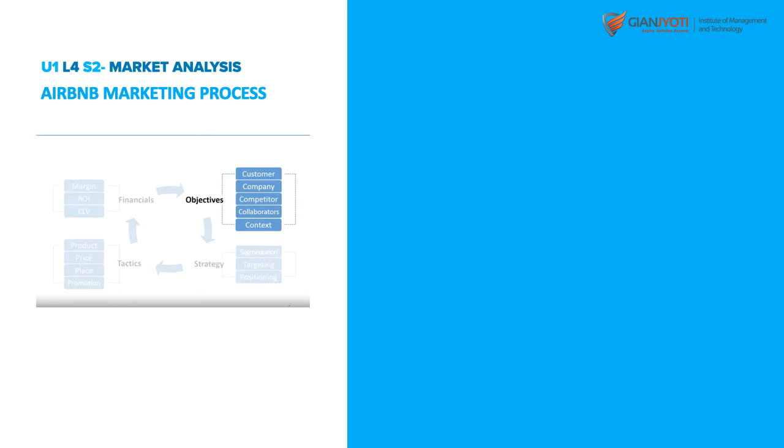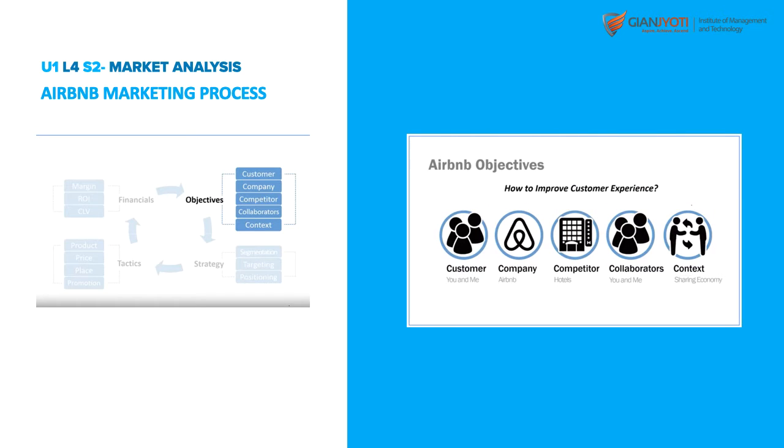So when we talk about the objectives for Airbnb, with the 5 C's, the biggest objective for Airbnb is how to improve the customer experience. When we say customer experience, you need to define who is the customer. You and me are the customers for Airbnb.